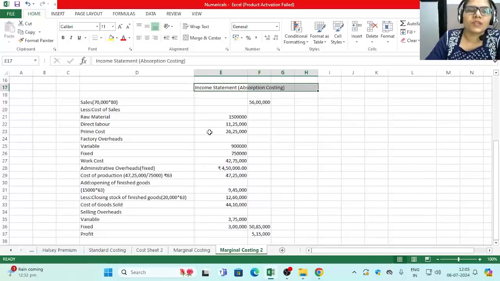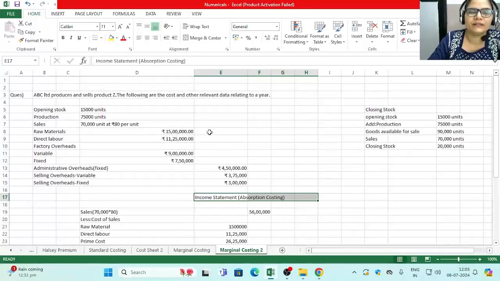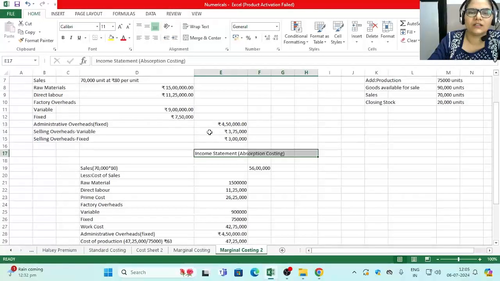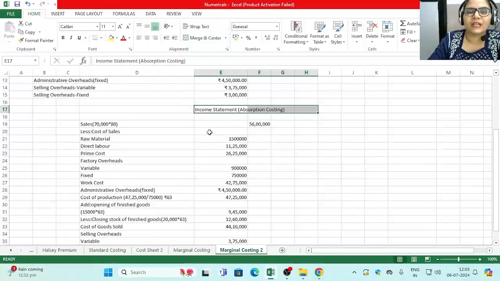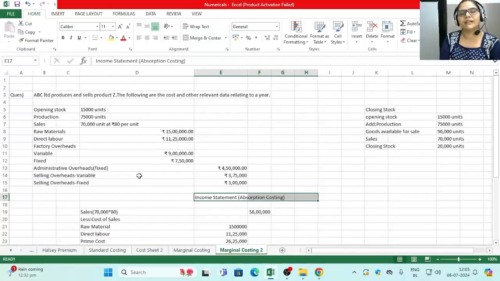Now, in order to make things more clear, I will again brief up the solution so that you can have more clarity. We have been given a question and a value of opening stock, and we need to prepare an income statement as per absorption costing and an income statement as per marginal costing.